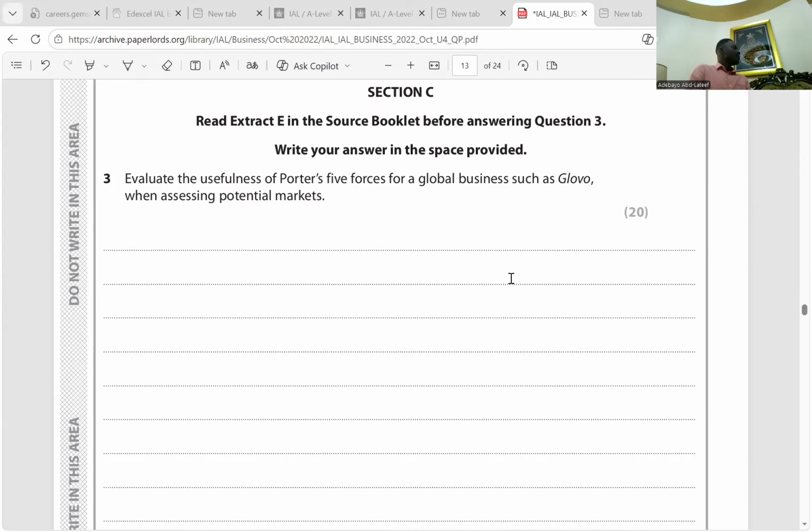It talks about suppliers, customers and competitors, but it doesn't talk about other important factors like income, infrastructure, and PESTLE: political, economic, social, technological, environmental and legal factors. So that's about that. I think it's clear.